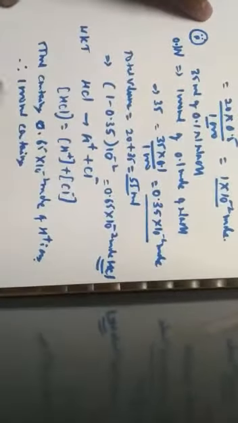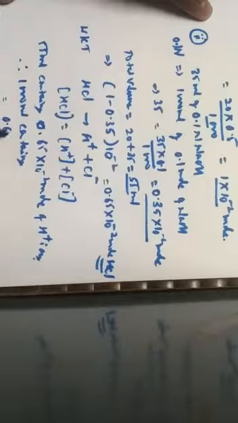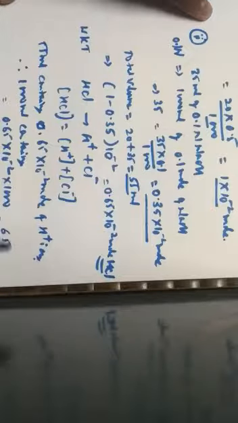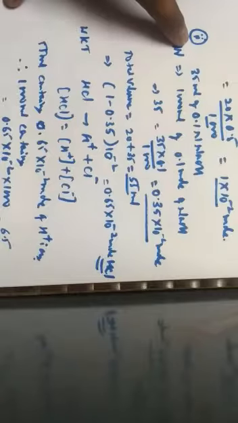Therefore, 1000 ml contains 0.65 into 10 to the power of minus 2 into 1000 divided by 55, that is equal to 6.5 divided by 55.